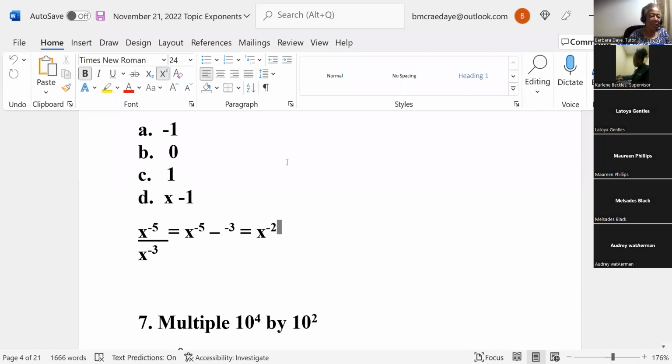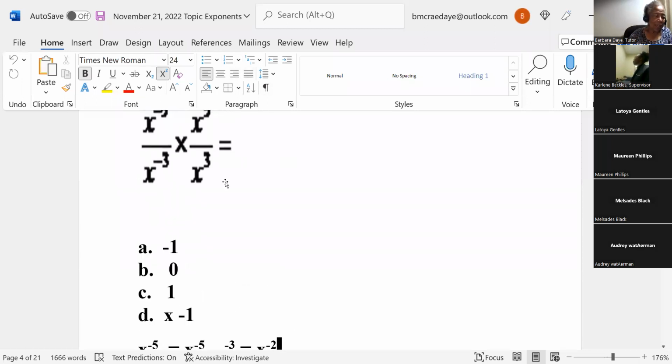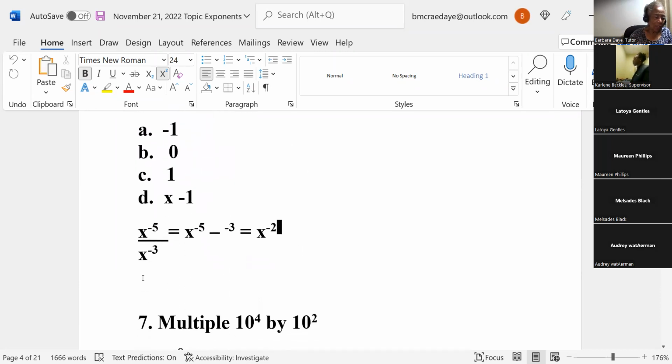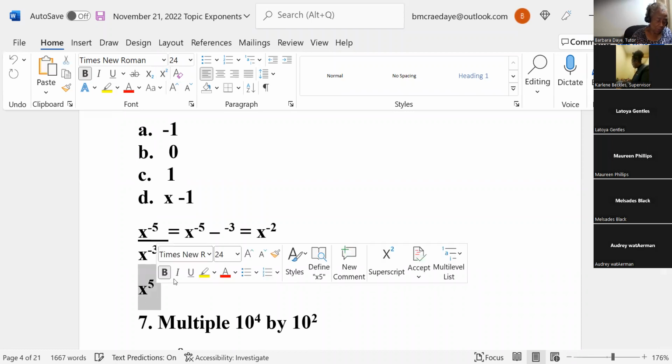All right, let's take the next one. Let's take the x to the 5 divided by x to the 3rd. So let's put that one there, x to the 5th power, and let's put our exponent there, x to the 5th power divided by x to the 3rd. What's that equal to, Mercedes?